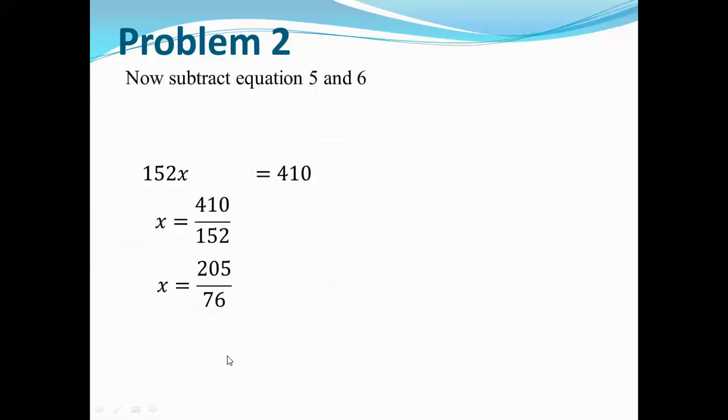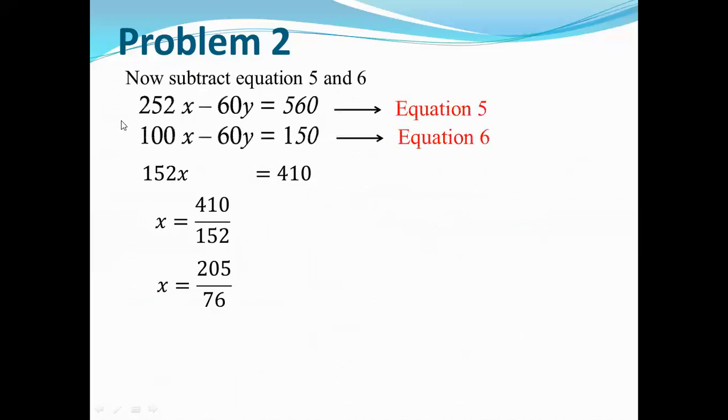When the signs are the same, we have to subtract. Let's see. Subtract equation 5 and 6. 252x minus 60y equals 560. This is our fifth equation. 100x minus 60y equals 150. This is our sixth equation.